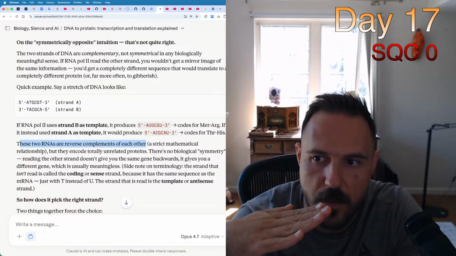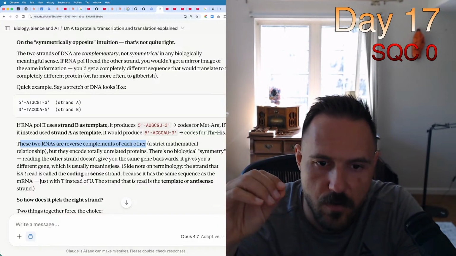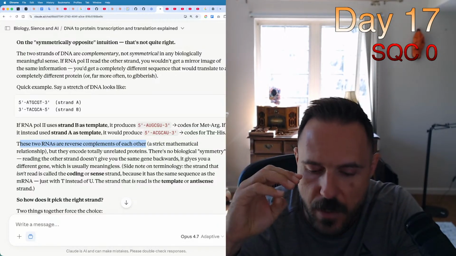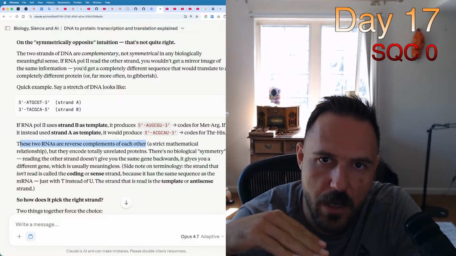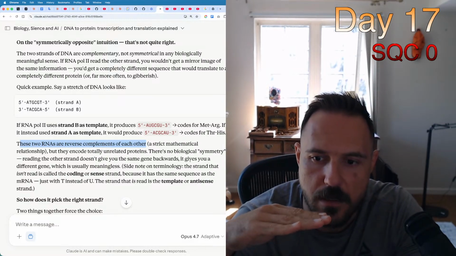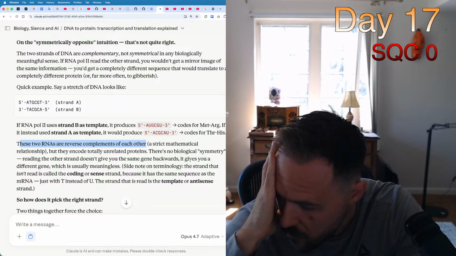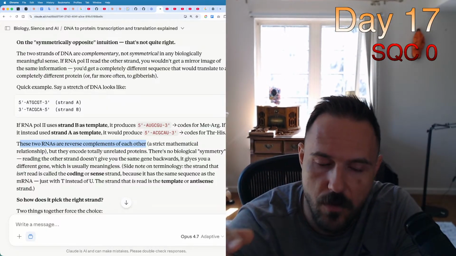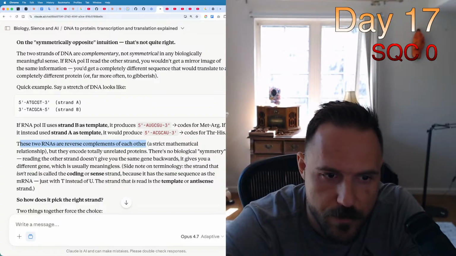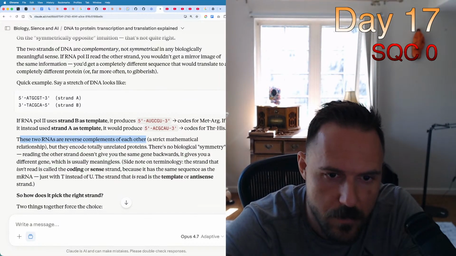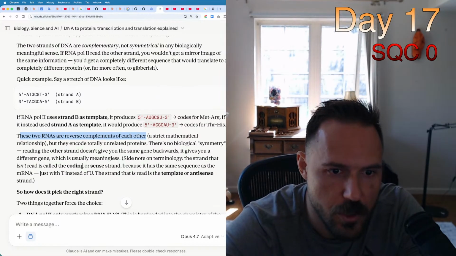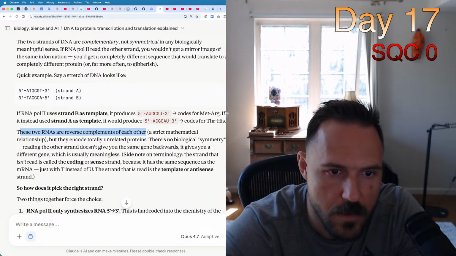I was saying it was symmetrical in the sense that it's not a mirror, it's not backwards. What's the word for when you flip it horizontally or vertically? It gives you a different gene, meaningless.